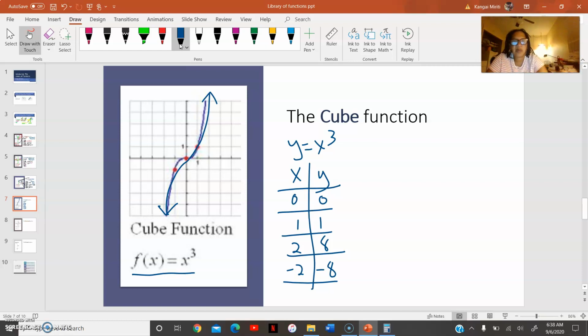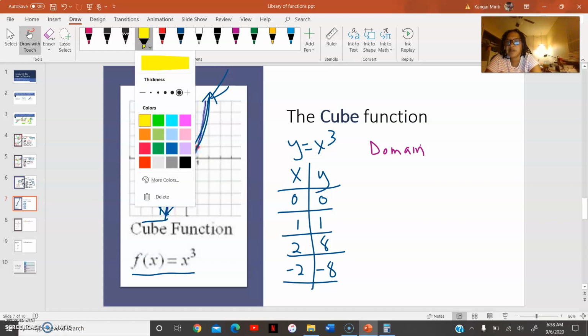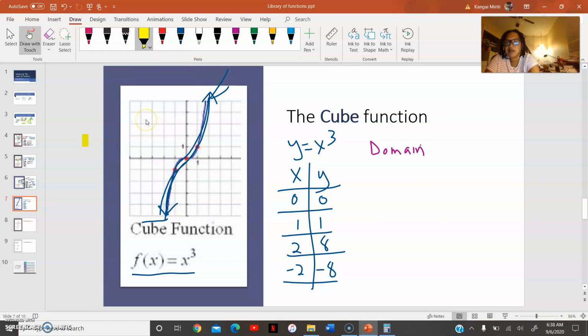The domain for this one, well, let's see. If we look at our snake here, he's going to go forever. He's getting wider and wider and wider. So the domain for this function is from negative infinity to positive infinity.